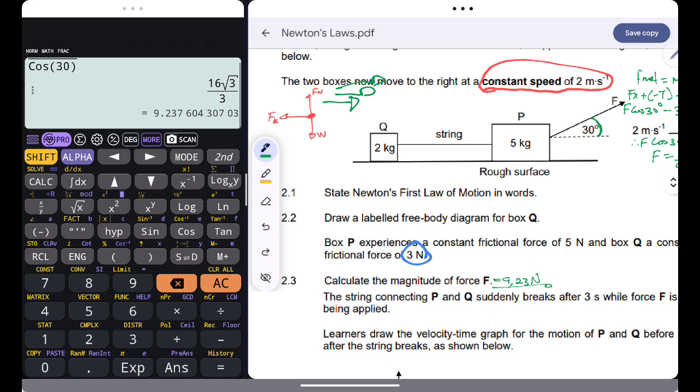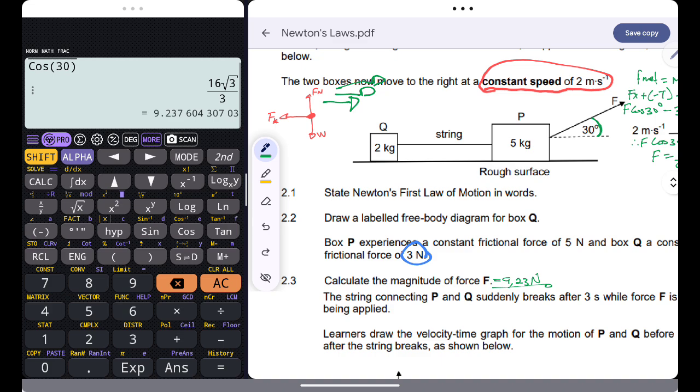Are we together? Which simply means that the only horizontal force that body Q will experience is a frictional force. So body Q, its velocity will decrease and eventually come to 0.